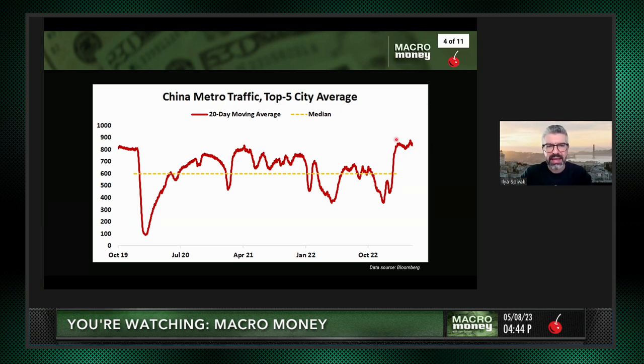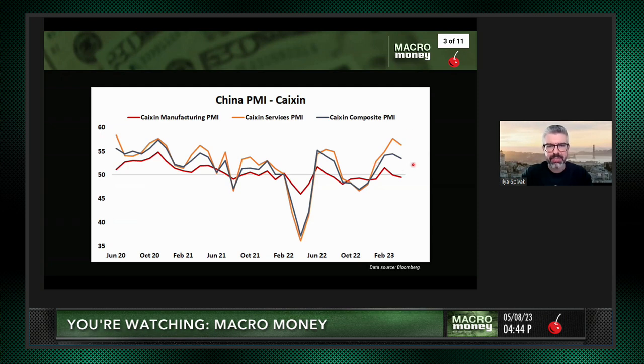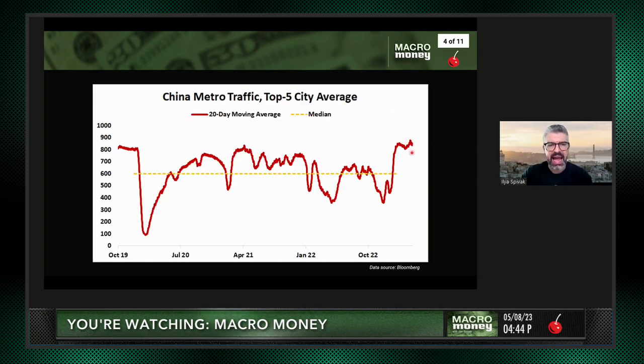So one might conclude that the service sector aspect of what's going on here has ostensibly already peaked. The catch-up to normal levels of domestic activity has ostensibly already occurred.